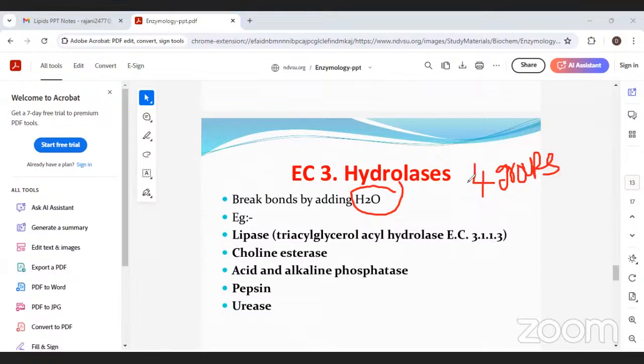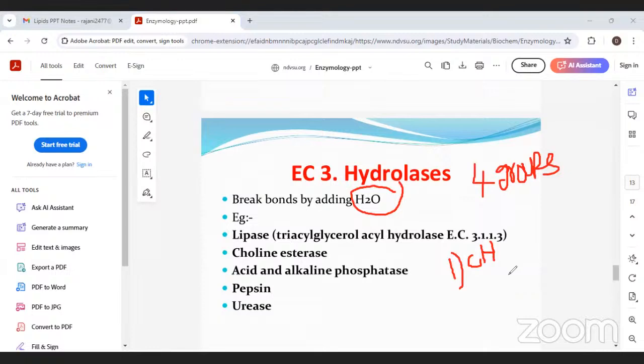These groups are based on the nature of the substance. The first one is carbohydrates, CH. The first one is called carbohydrate.